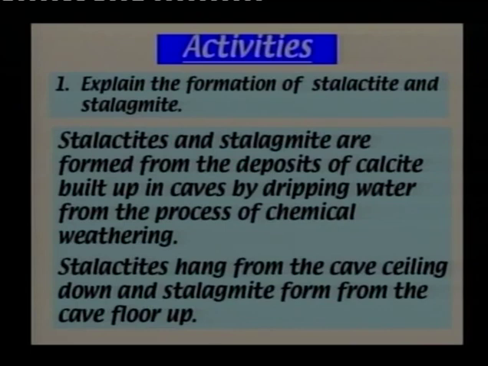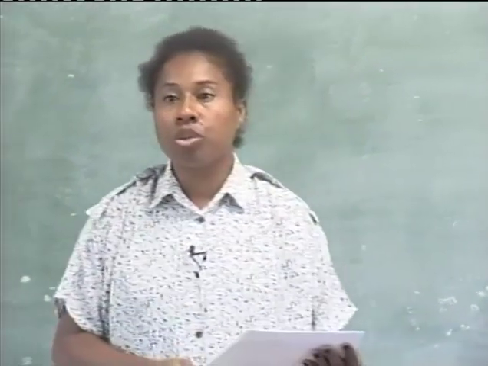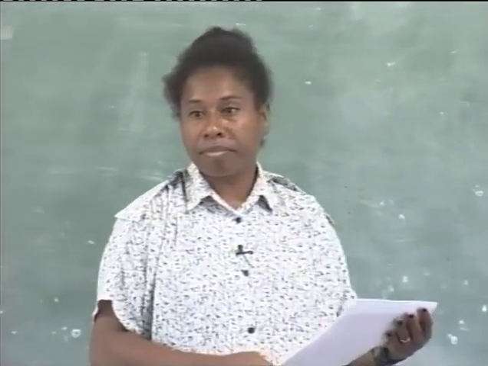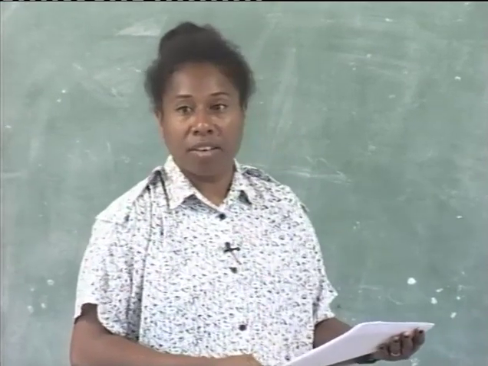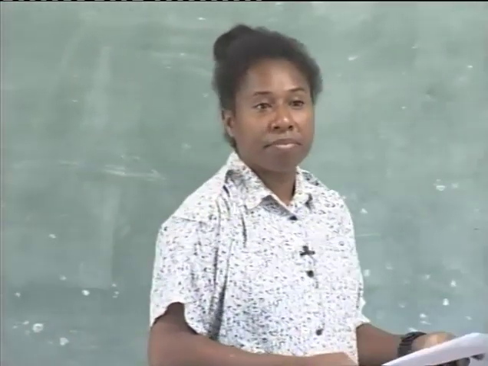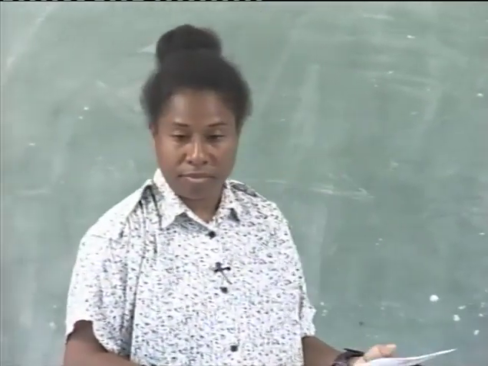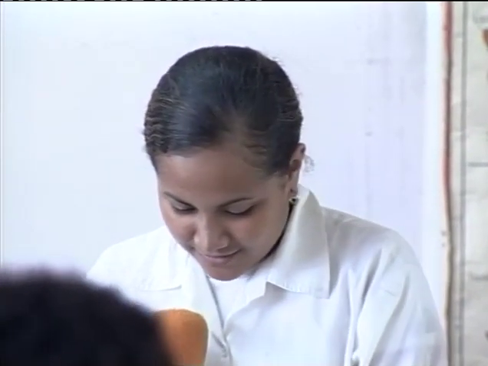Question 2 would like you to define what a karst scenery or topography is. Susan, do you have an answer for question 2? A landform which contains some of the common features created from chemical weathering and mainly carbonation.